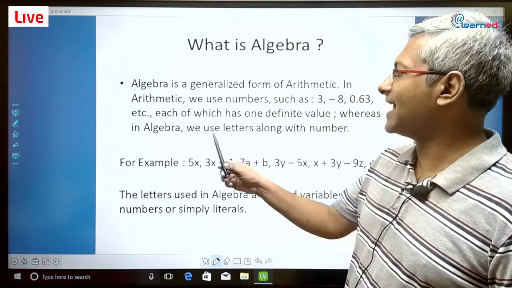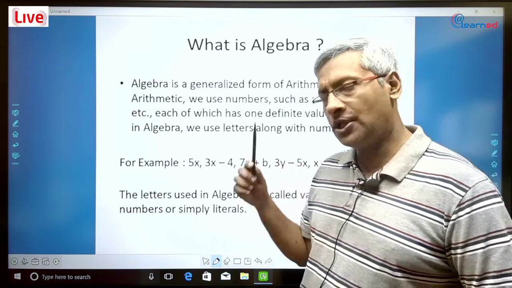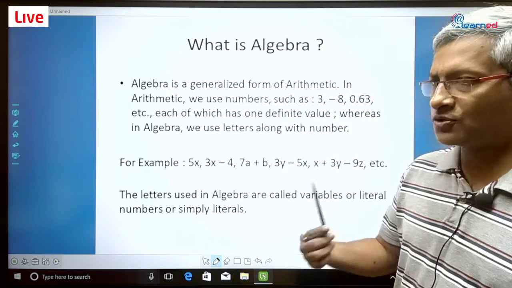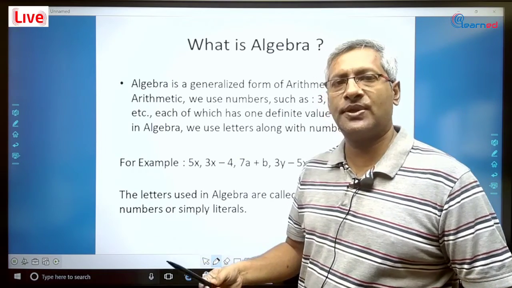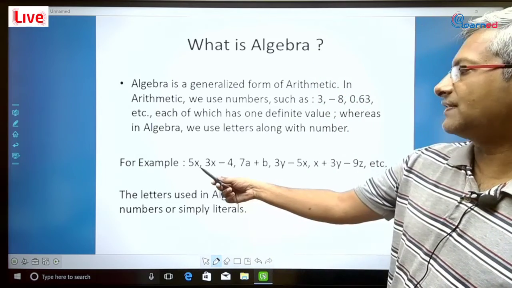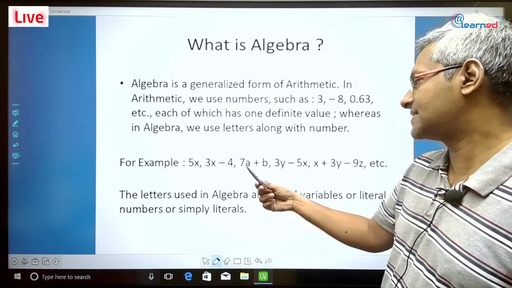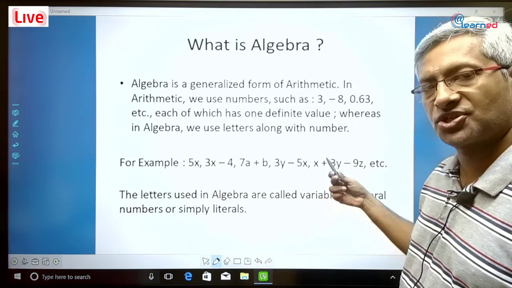But in algebra, we use letters along with numbers. Okay. Now, what are these letters? These could be letters of the alphabet. So any letter of the alphabet we can use as a part of the algebra. For example, 5x, 3x minus 4, 7, 8, are examples of algebra. Okay.